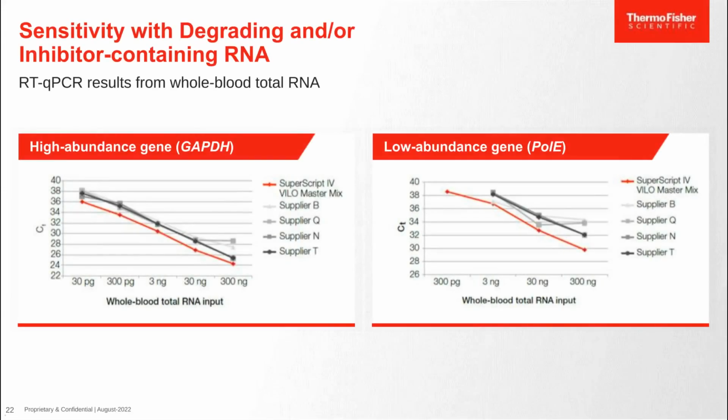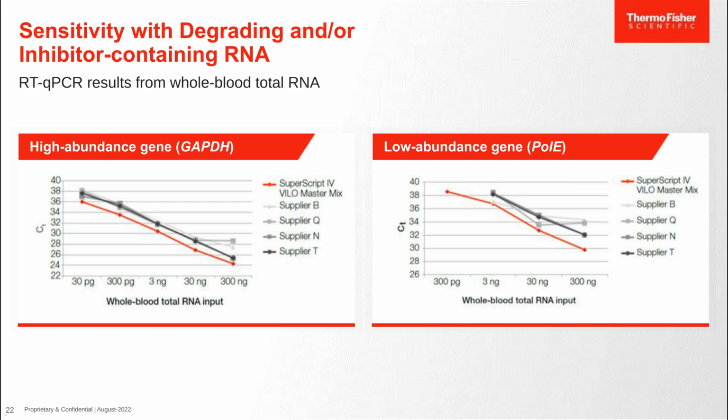When your RNA template is degraded or it contains inhibitors, selecting RT reagents that are highly sensitive and efficient can make a huge difference. In the example shown here, we used RNA isolated from whole blood, which had a large amount of degradation in the sample.